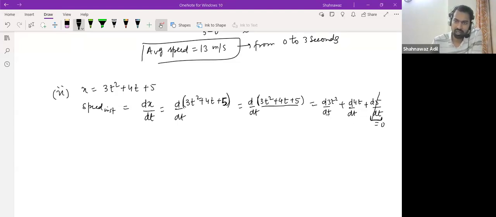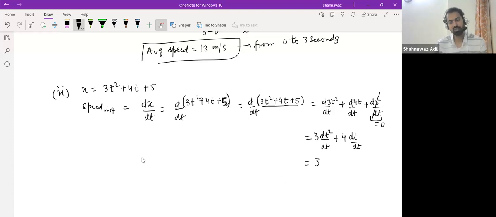Okay, and then we have this 3t square. In this 3t square, we have a constant multiplied, so this is taken outside. Then we calculate the differentiation of t square. Similarly, 4 is taken outside, so dt by dt is 1. Amna, what is the differentiation of t square?